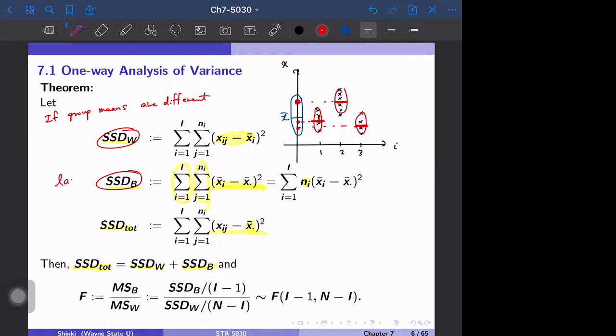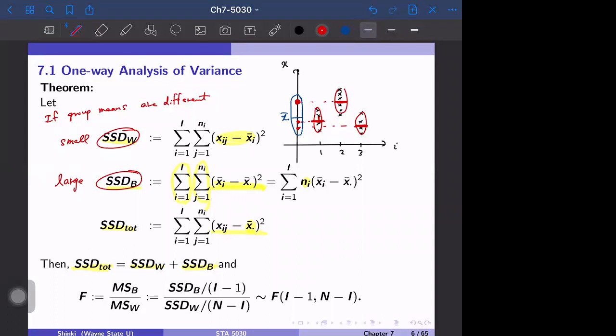So if we take the ratio of these 2 quantities, we can use that quantity as a test statistic. That is the idea.